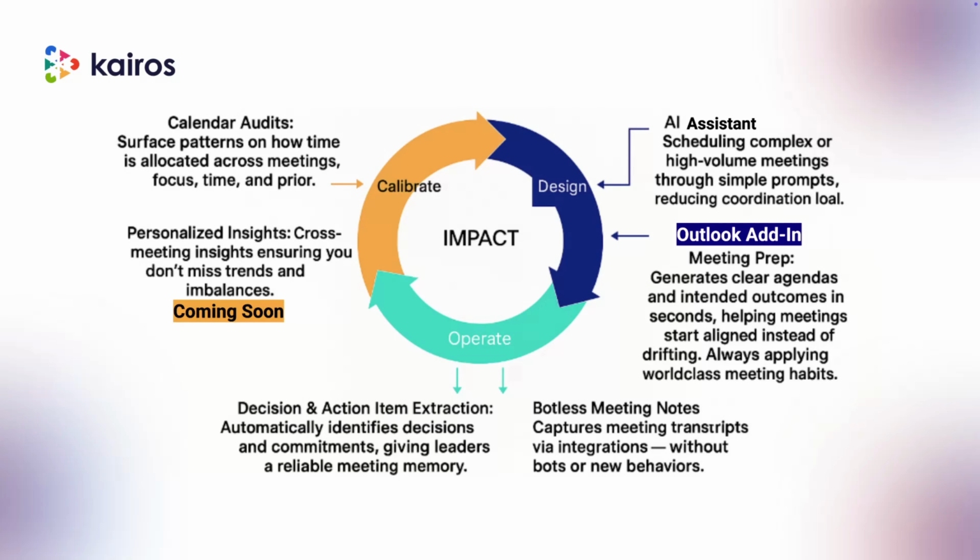In our immediate roadmap, next we are prioritizing personalized insights for you that build on the capabilities that we've created by default for decisions and action items so that you can add your own priorities and queries into Kairos to track what is most important in your week. And finally, a point of reflection with Kairos AI calendar audits continues to optimize how you spend your time week over week.